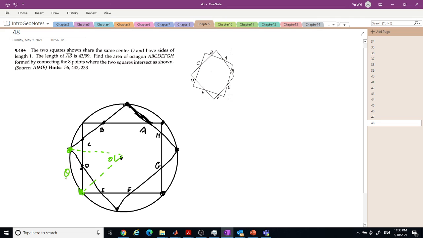This is theta. And this point gets rotated to this point, also theta. This to this, this to this, and so on for each of them.